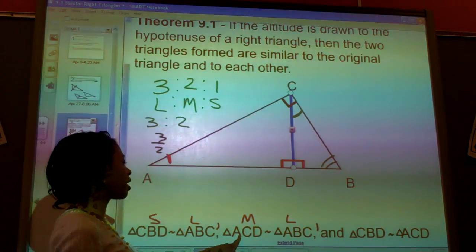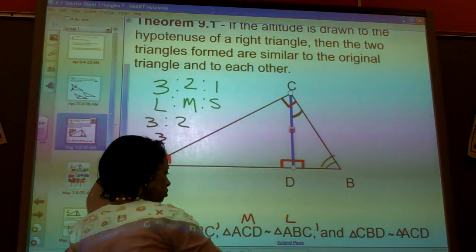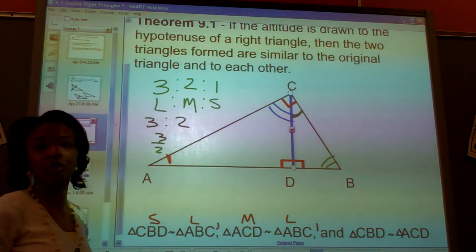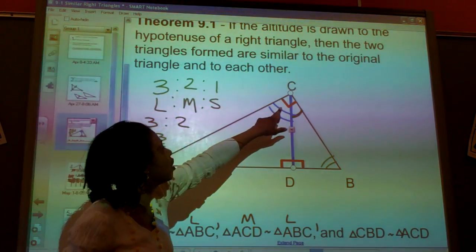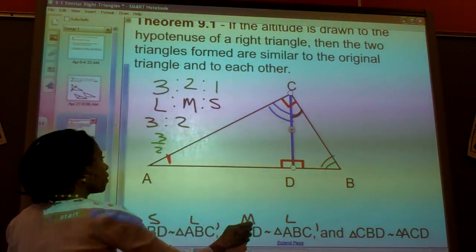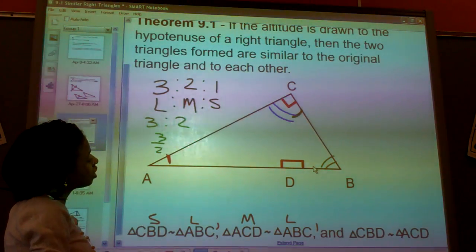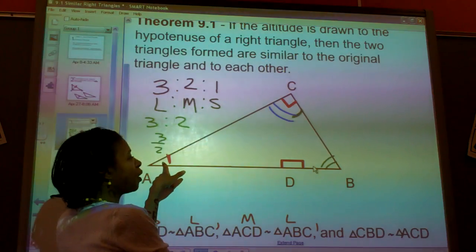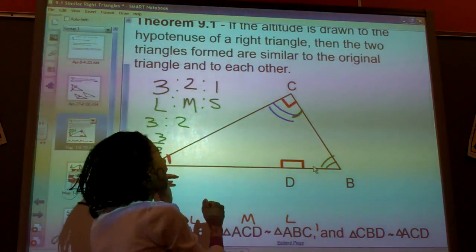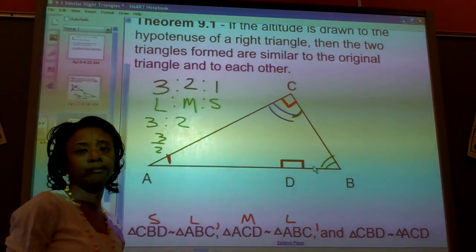Looking again at the medium triangle ACD, if I put in C, this angle here, where is this angle on the large triangle? That's on the medium triangle. Where is it on the large triangle? Let's delete it. What does it look like? You know it's not angle A, we've used that, and you know what else is not there is the 90 degrees, so it can't be A or C, which means it automatically has to be B. Okay?